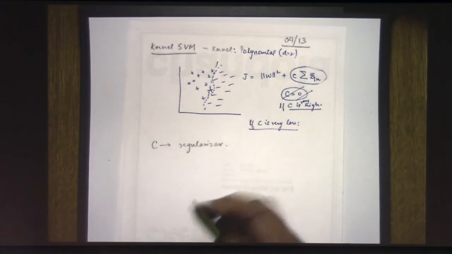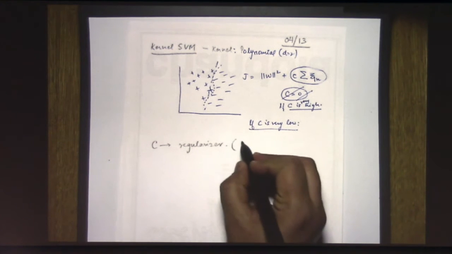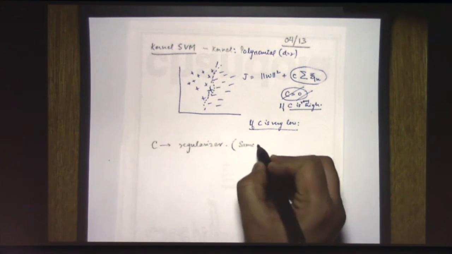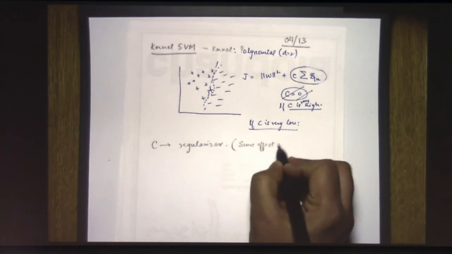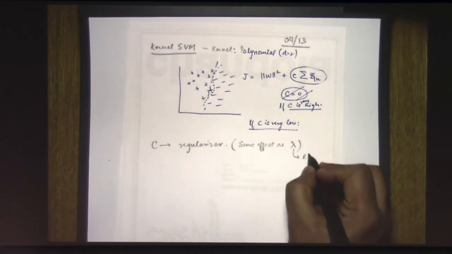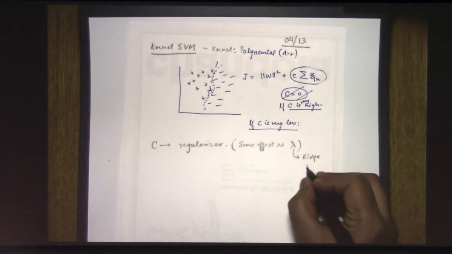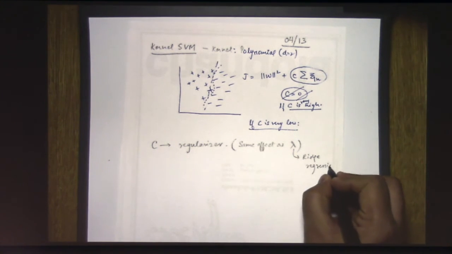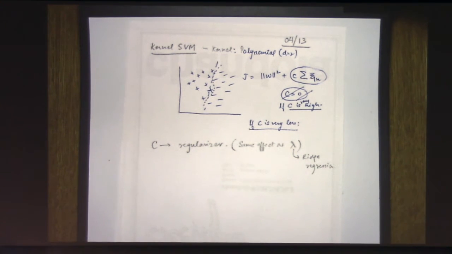Here C has a similar effect as lambda in ridge regression. If you increase C, it will try to learn something that really tracks the data, so it might overfit. So it has the same bias-variance trade-off aspect to it. Any questions so far? All right.